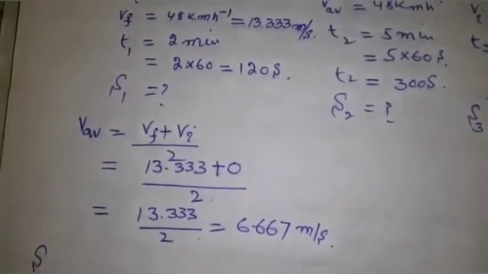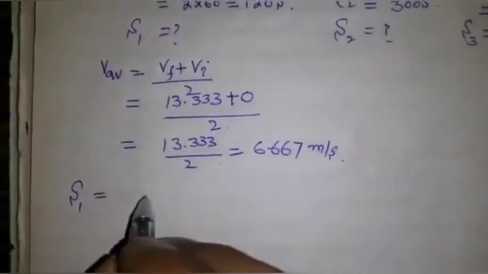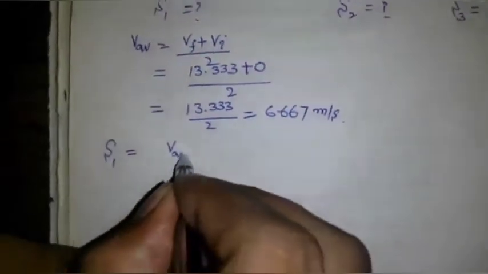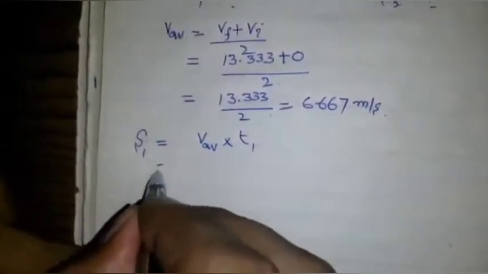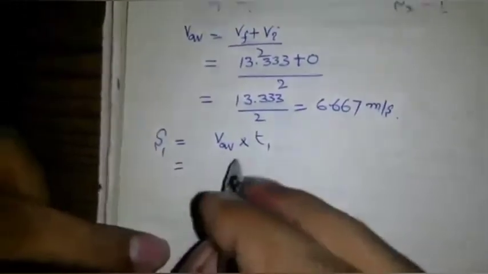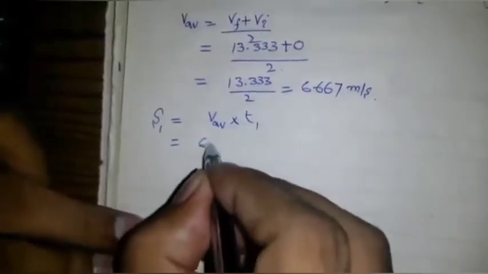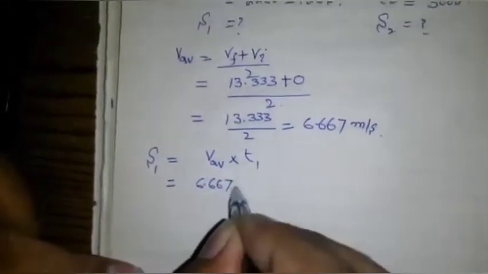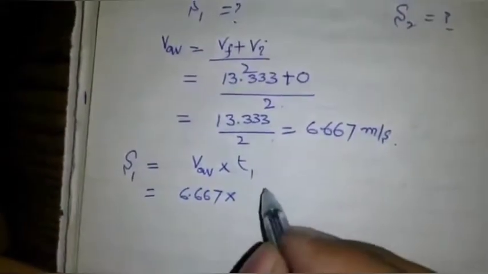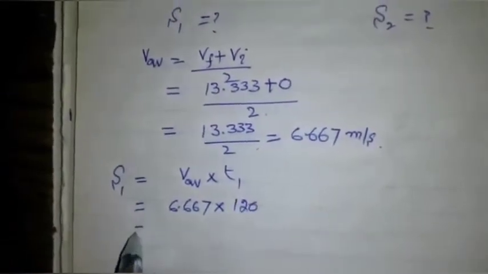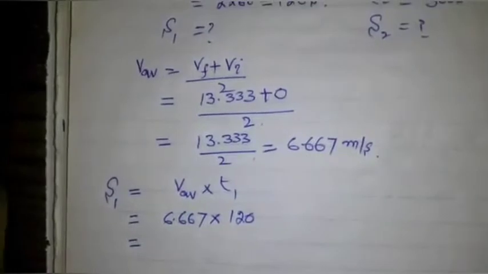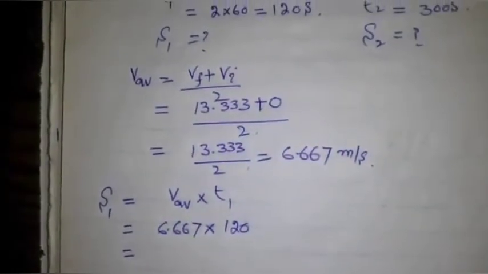Now S1 is equal to V average into t1, which is equal to 6.667 into 120.